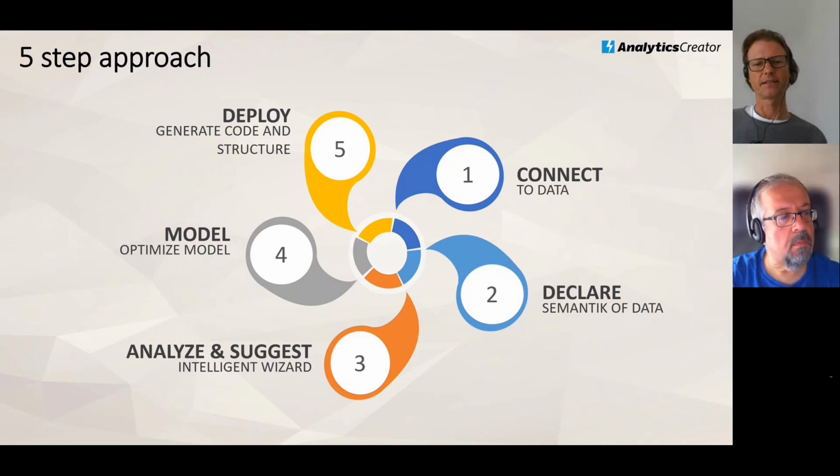And after that, an intelligent wizard in step 3 screens the data and suggests a suitable draft data warehouse model. Then in step 4, you can do your validations and your changes, you add dimensions, of course, you manage your KPIs and all these things. You can also script your own code there if you want.